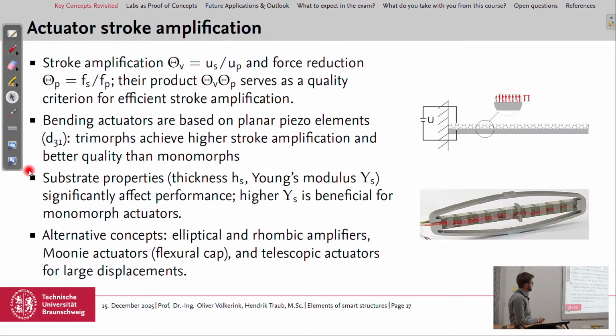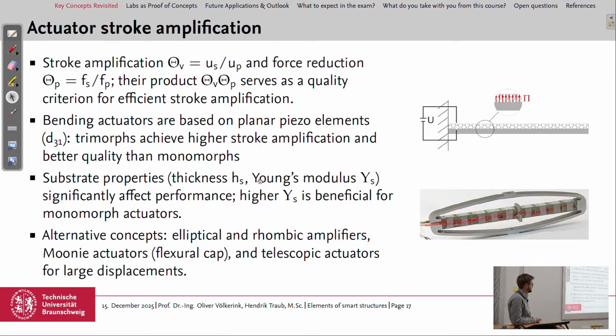And we saw with respect to structural conformity that the substrate properties or the structural properties also matter. The thickness and the Young's modulus of the structure both affect the performance, and in the case of monomorph actuators, a higher Young's modulus is beneficial.